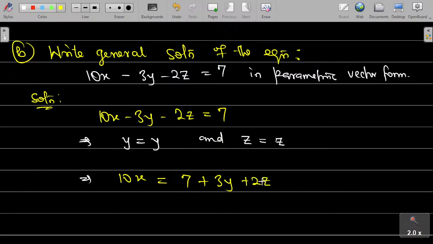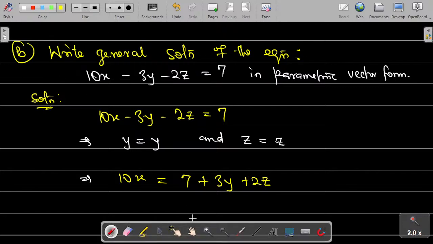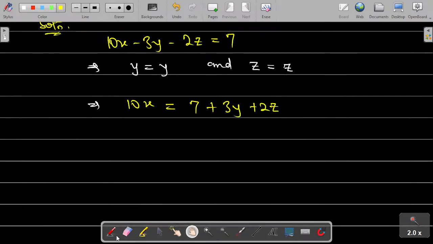That's the value of 10x, and then we need to get x in particular. To get our x, we divide through by 10, which gives us x equal to 7 over 10, plus 3 over 10 y, then plus 2 over 10, which is 1 over 5, z.